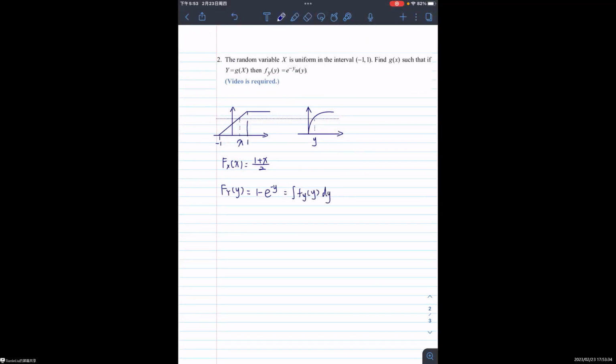So we need to make up an equation for this one, and let's do the calculation.